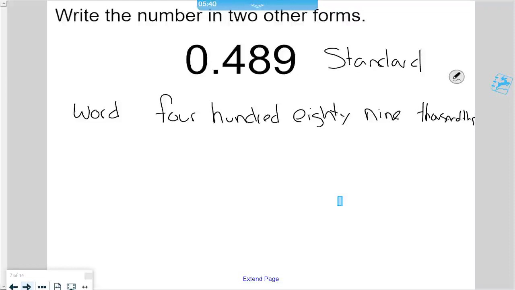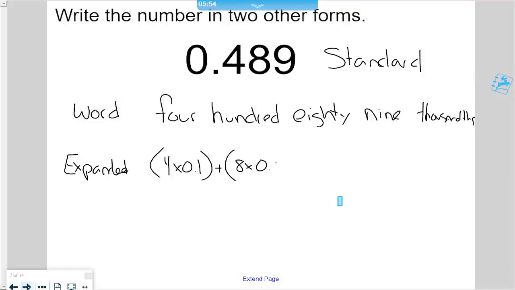And if I write that in expanded form, I'm going to write 4 times 0.1 plus 8 times 0.01 plus 9 times 0.001.